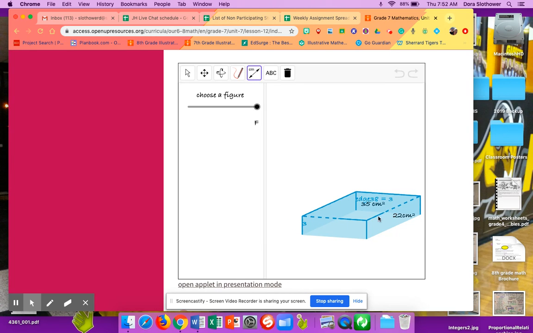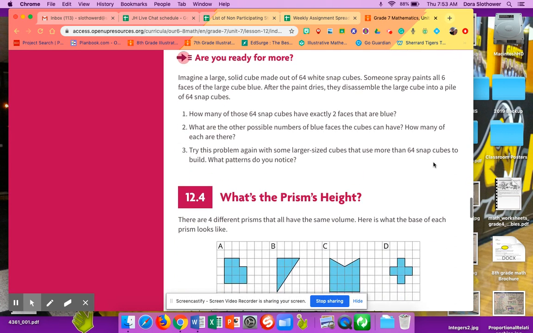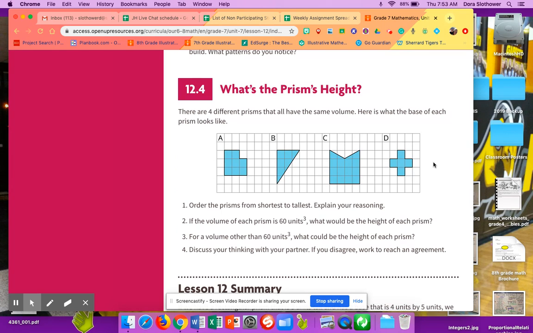Three. Okay, so it's 35 and 3, so 35 times 3, and you get 105. Okay, good. We're not doing the are you ready for more? What is the prism's height?